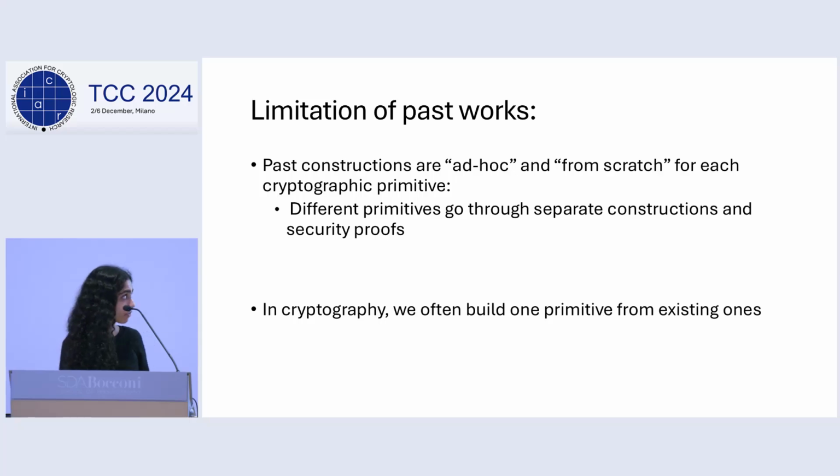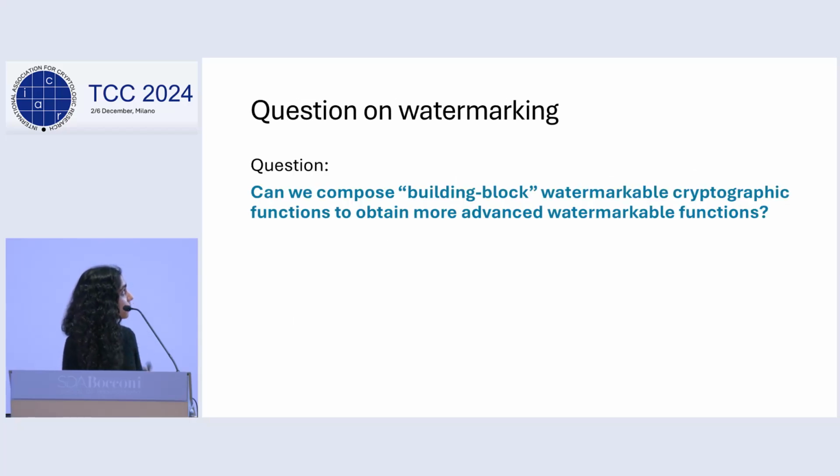So we can ask the following question. Let's say we have building blocks P1 through Pk, and we build an enhanced functionality P from these building blocks. Then if we have watermarkable versions of these building blocks, can we compose them in some way to get a watermarkable version of the enhanced functionality? So the main question this work asks is, can we compose watermarkable building block cryptographic functions to obtain more advanced watermarkable functions?